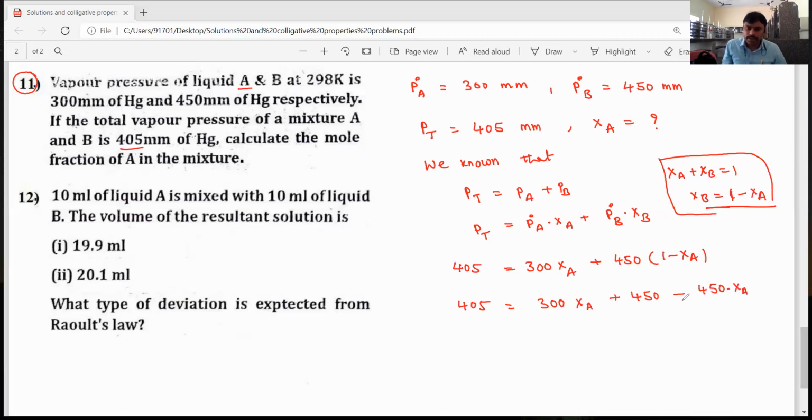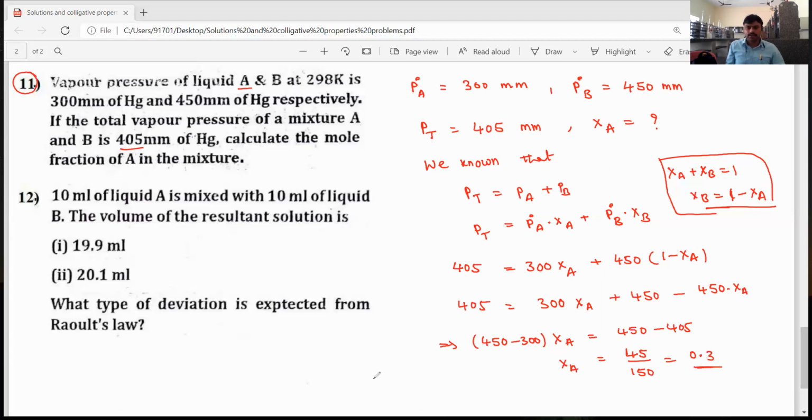Then 450 minus 300 into Xa is equal to 450 minus 405. Then Xa is equal to 45 divided by 150, since 450 minus 300 is 150, and 45 by 150 is 0.3.